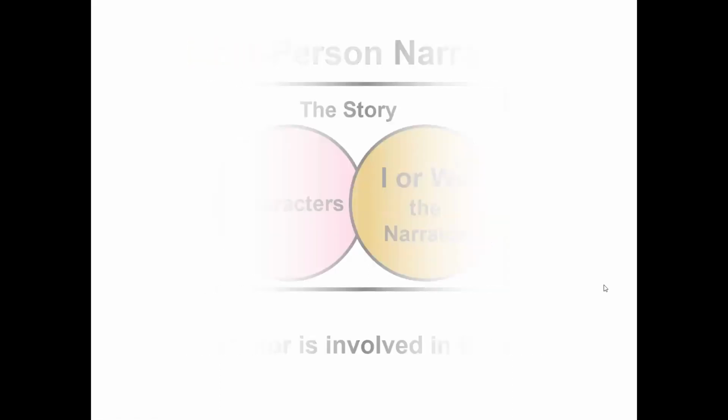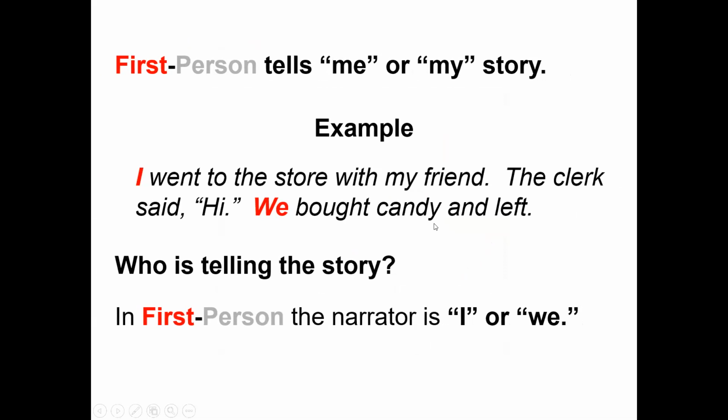Let's actually give some examples, right? So, first person. I'm going to ask Gilbriana to read this. By the way, write this down, please. Again, write this down. Go ahead, Gilbriana, read this for me. First person tells me or my story.